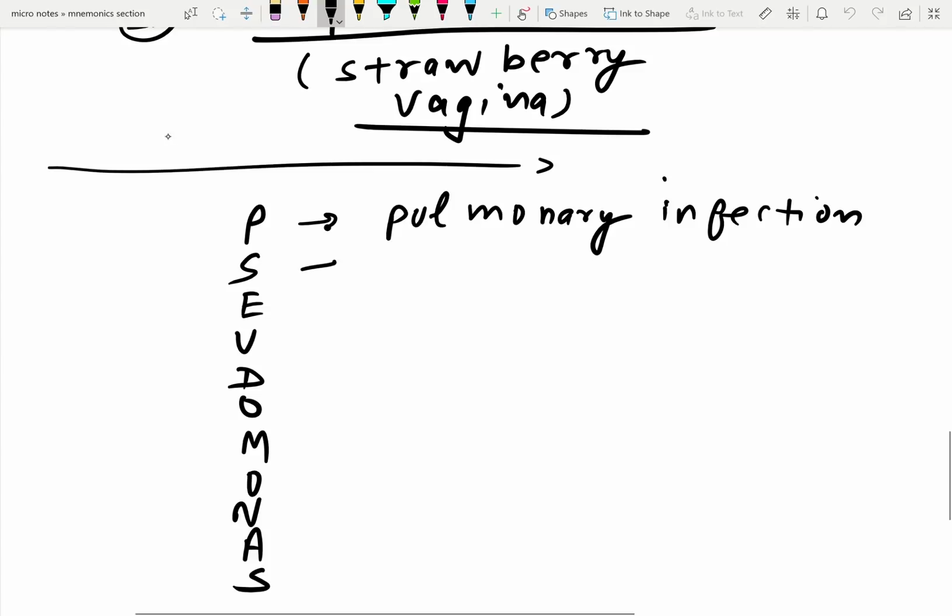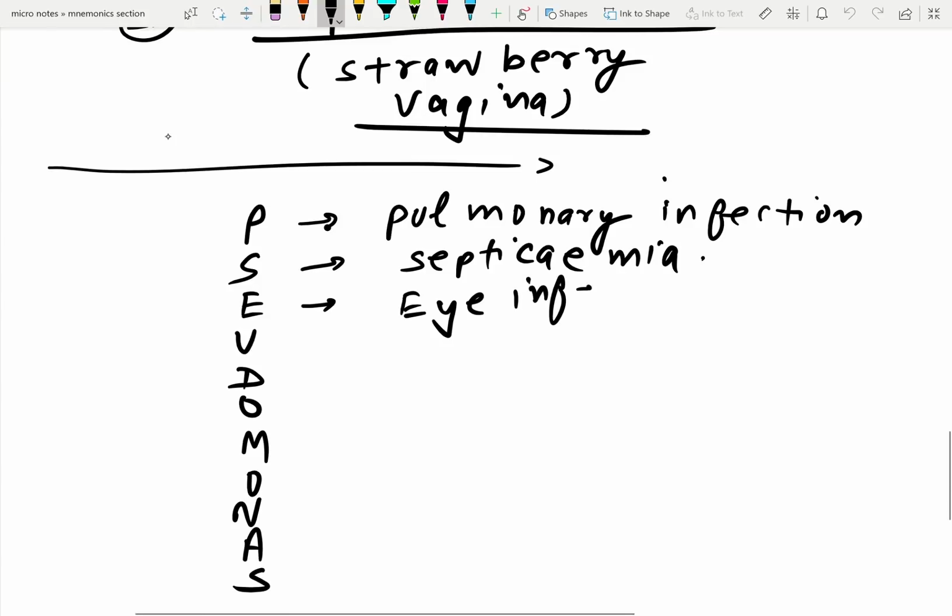S is septicemia. Pseudomonas associates with septicemia. It associates even with eye infection. It can lead rarely to endocarditis. Then it associates with UTI, which is also a minimal cause.